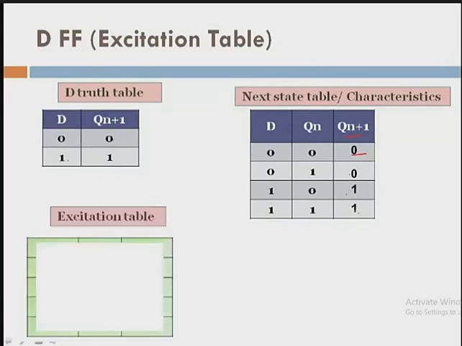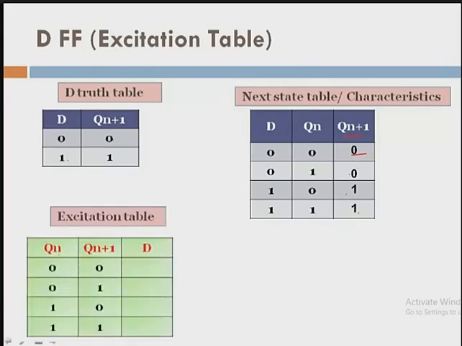Now the excitation table. For the present state and the next state, only one input is required for this flip-flop. Now check the input combinations. The first combination is 0, 0. Here the value is 0.